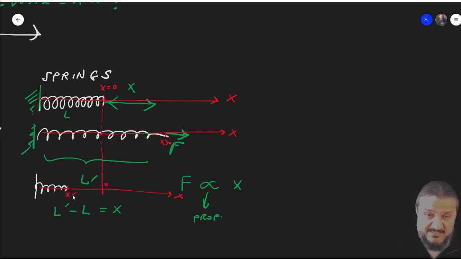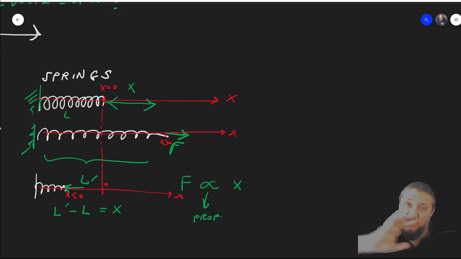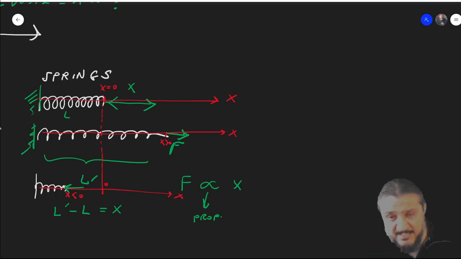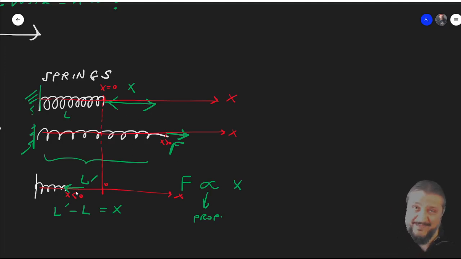So my x is a negative number, and I'm actually pushing it to the left because I'm compressing the spring. Now, the formula that will give me force has to work for both cases. That's why I need a negative sign, okay?